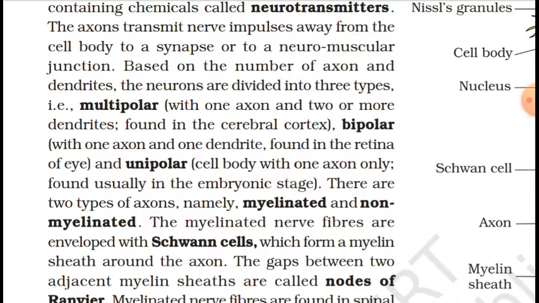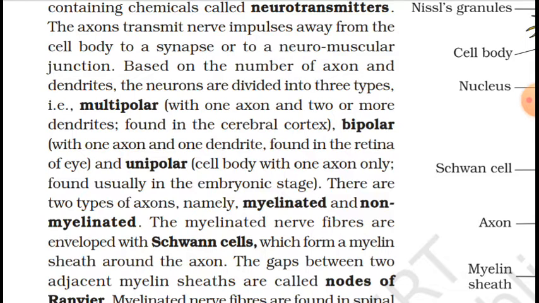Second, bipolar, having one axon and one dendrite. It is found in the retina, for example. Third one, unipolar. Here, the cell body has one axon only. It is usually found in the embryonic stage. So this way neurons are divided into multipolar, bipolar and unipolar types.